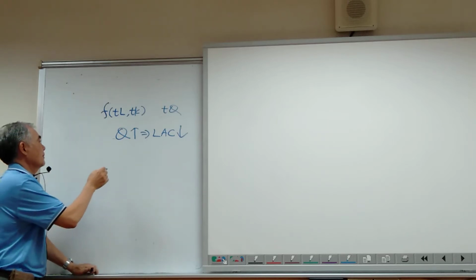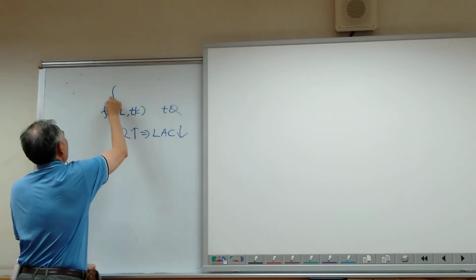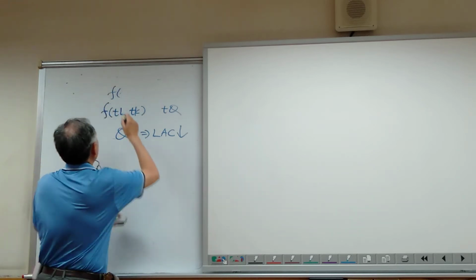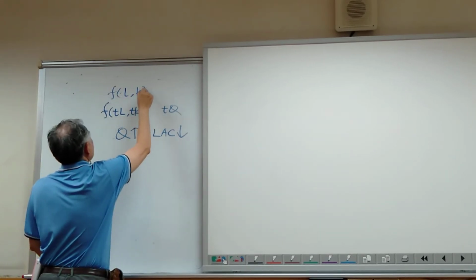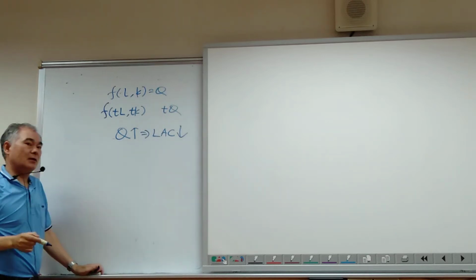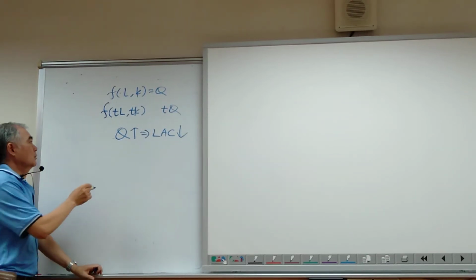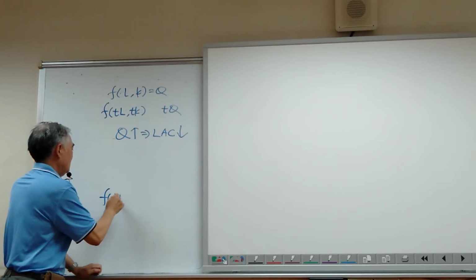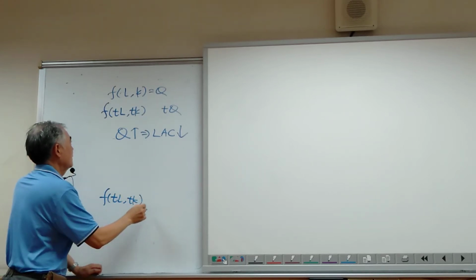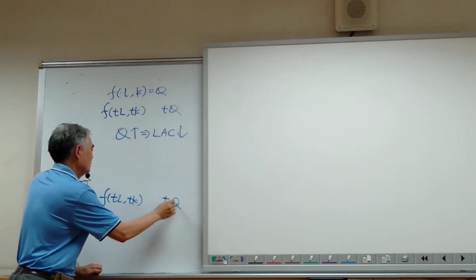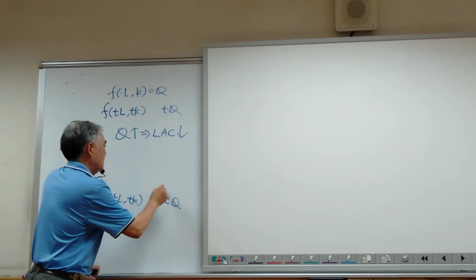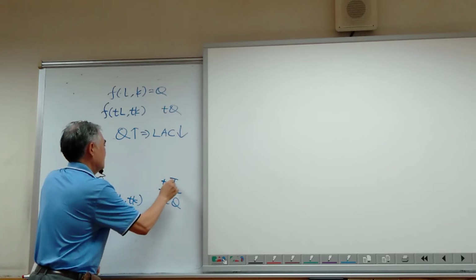Let us say you have f(L, K) equal to Q. And then we have f(tL, tK) and tQ. So this is called t times TC.